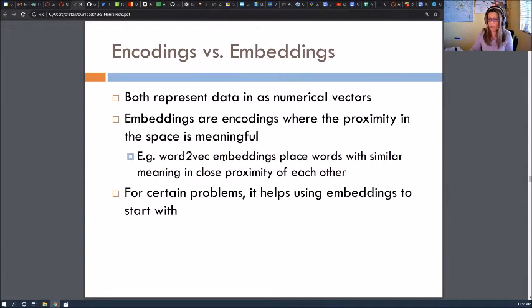For example, word2vec embeddings place the words with similar meaning in close proximity of each other. So for certain problems, it helps using embeddings to start with. It helps using certain encodings that have meaning in space, because then the network doesn't have to learn those things. Because it's already encoded in the input itself.